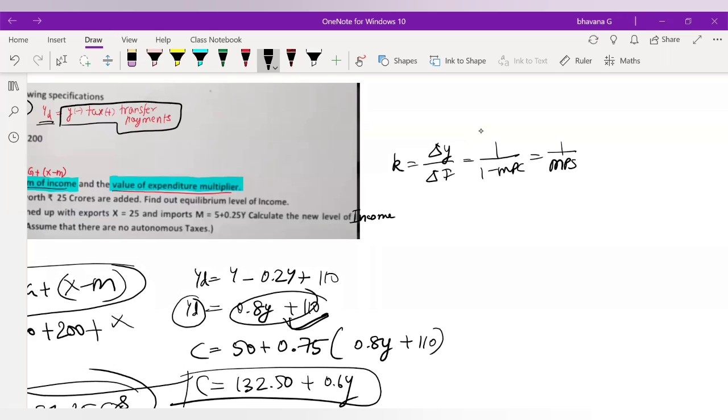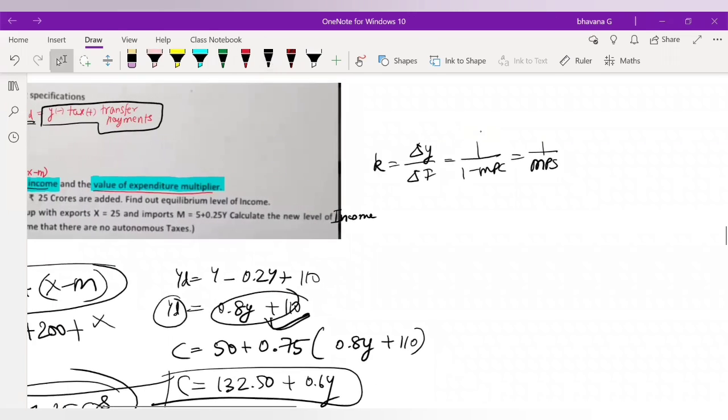In your consumption function, you have a plus bY. This b is nothing but your MPC only. This MPC, or this b, is what drives your multiplier.